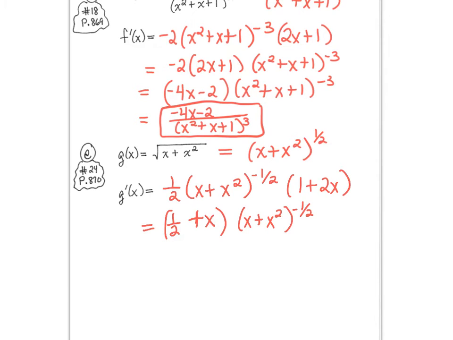And then you can simplify that as 1 plus x over 2 times the square root of x plus x squared. Say that one more time. 1 plus x over 2 times the square root of x plus x squared.